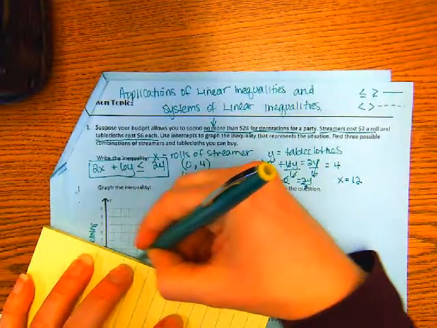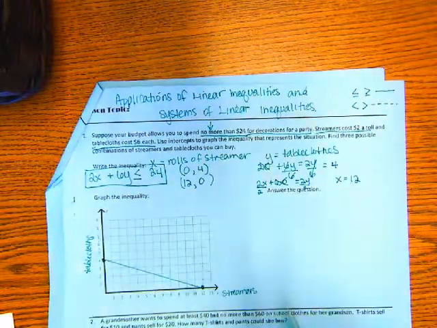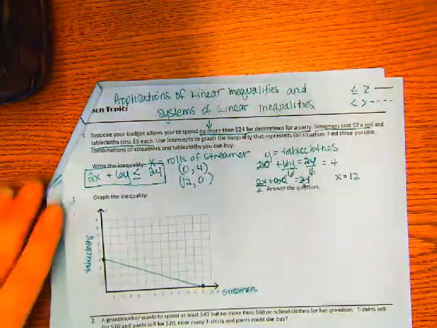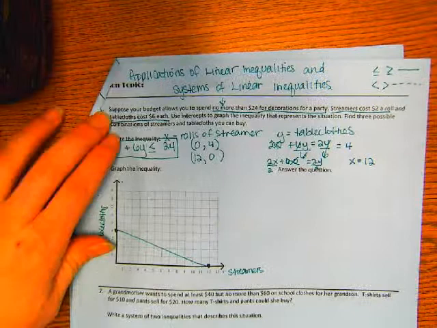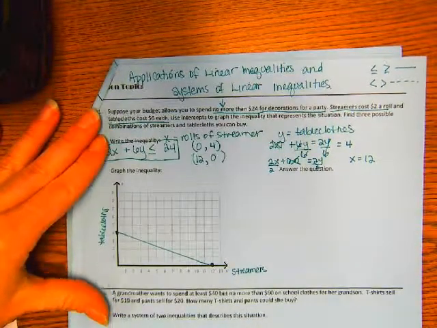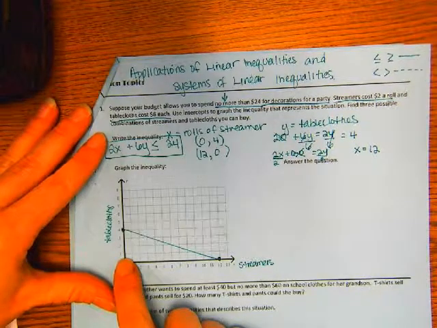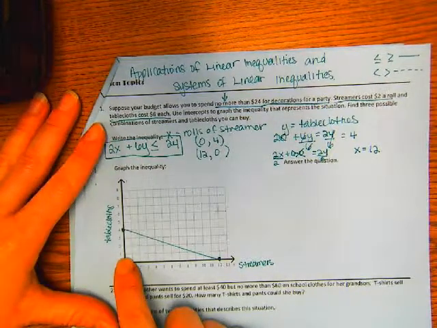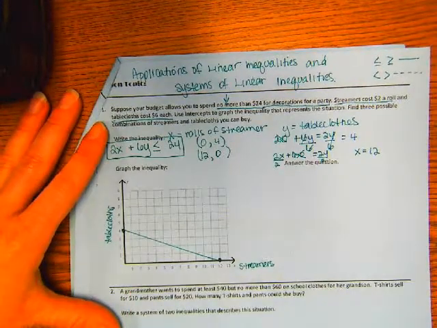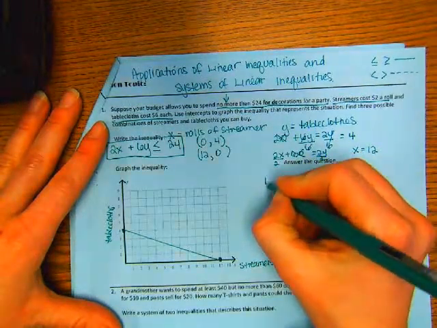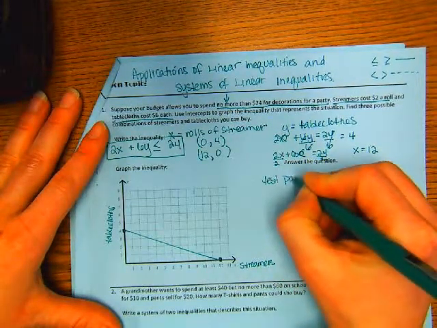So I'm going to connect those points, use a ruler or straight edge, and then I'm going to pick a test point to shade, and I like to pick 0, 0. So recall again, I pick a test point to tell me if it makes the inequality true, then I am on the correct side of the line.